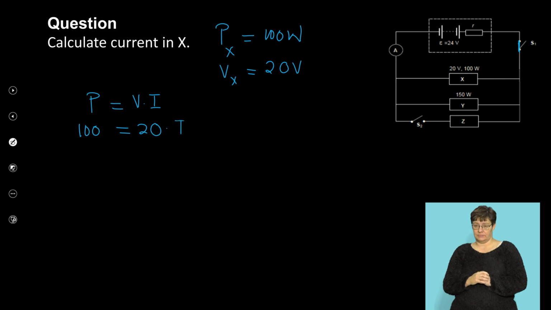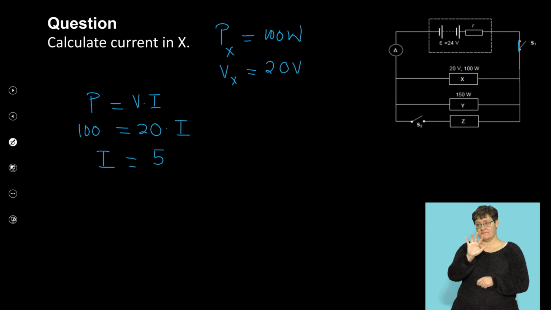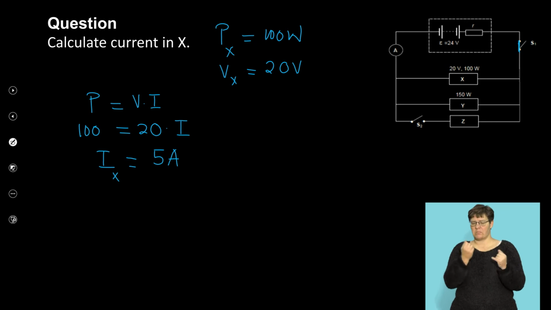Then we're looking for I. It's a simple calculation: 100 divided by 20, which is equal to 5 amperes. So that's the current that passes through X. It's a routine calculation: formula, substitution, and answer.